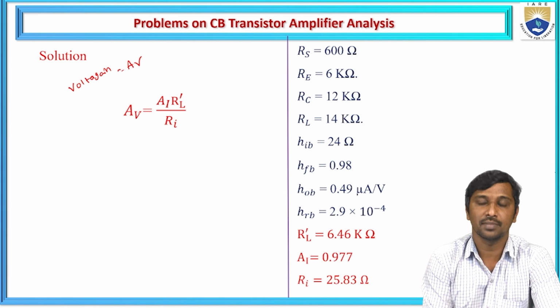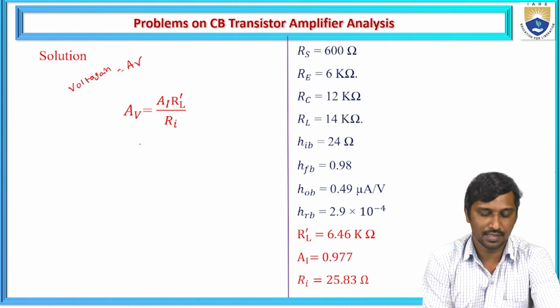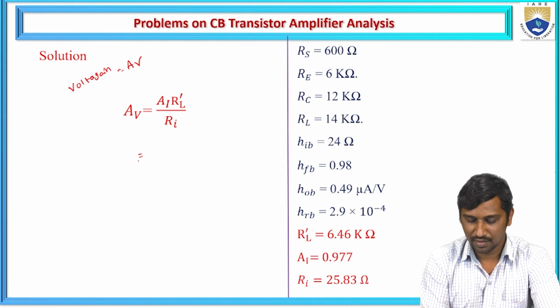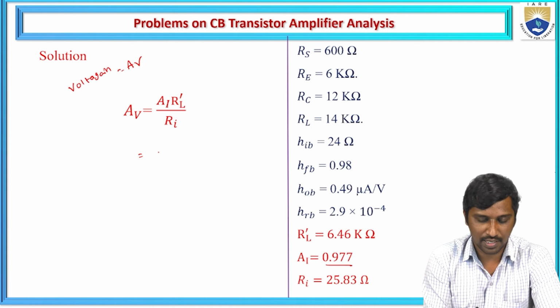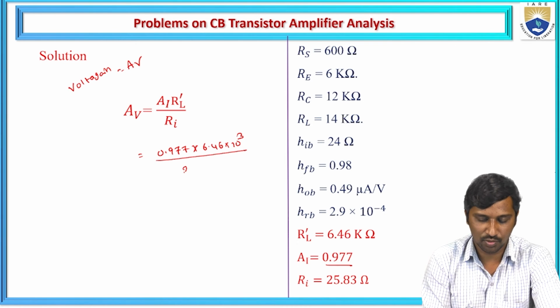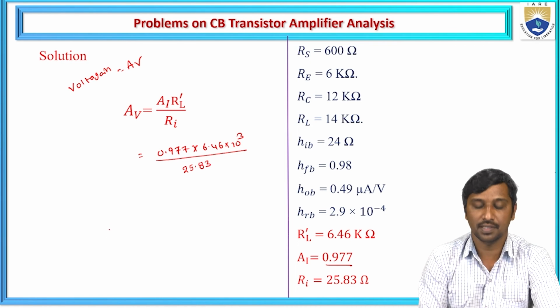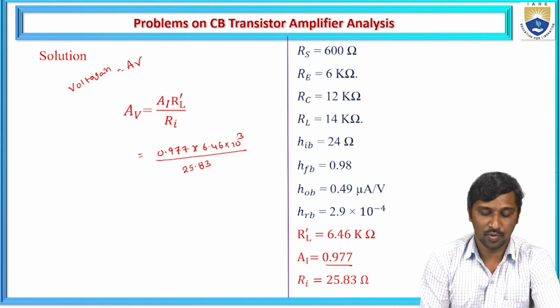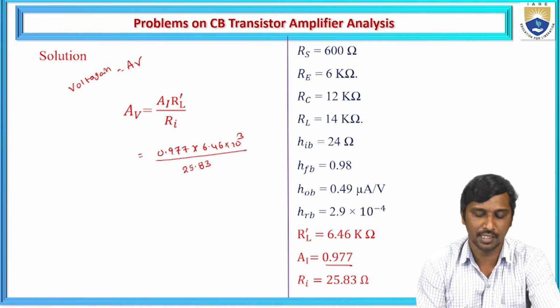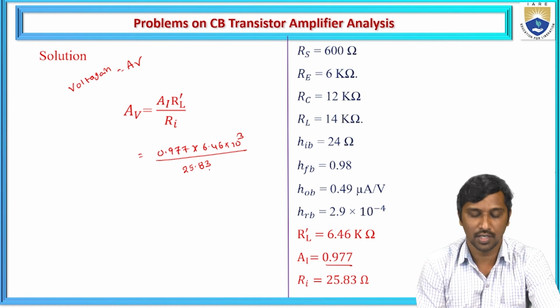Again, the voltage gain from the small signal model analysis, or h-parameter model analysis, is represented as AV equal to AI times RL dash by RI. Where AI is 0.977, RL dash is 6.46 into 10 power 3, that is kilo, and RI value is 25.83 ohms.